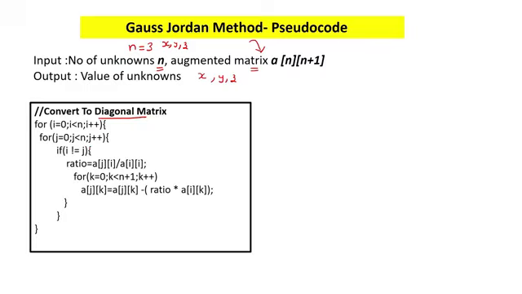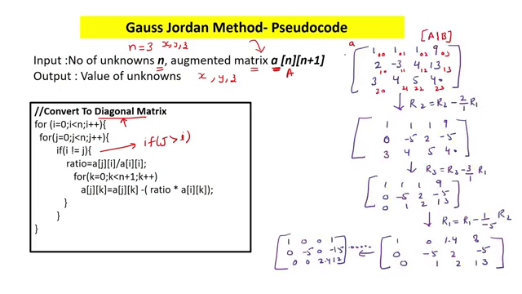If we compare this code with the Gauss elimination method code, there we were converting our given matrix into the upper triangular matrix and used the condition j greater than i. In place of this condition, here we use i not equal to j. So this code will convert the matrix A in this augmented matrix into the diagonal matrix.